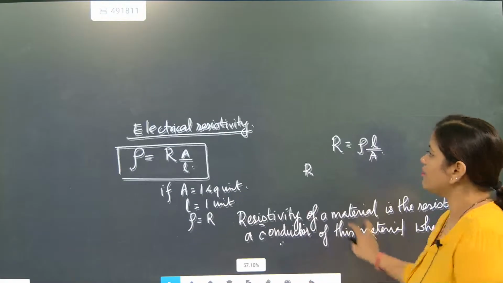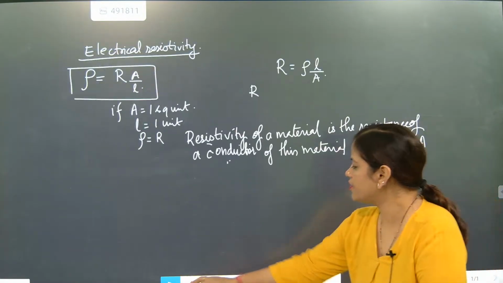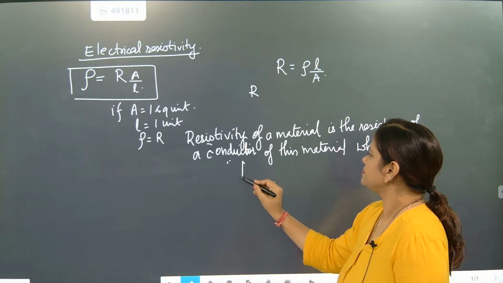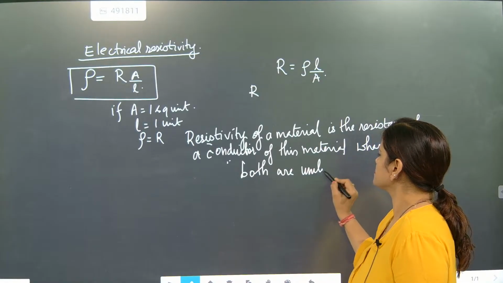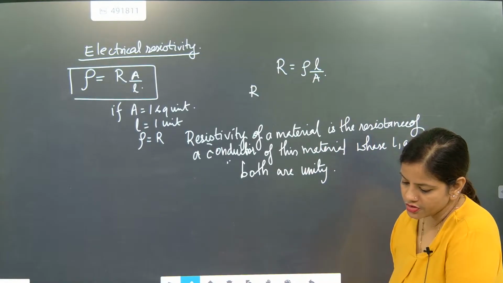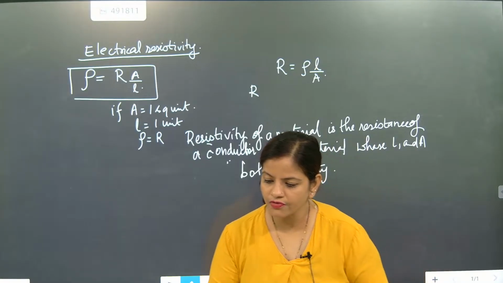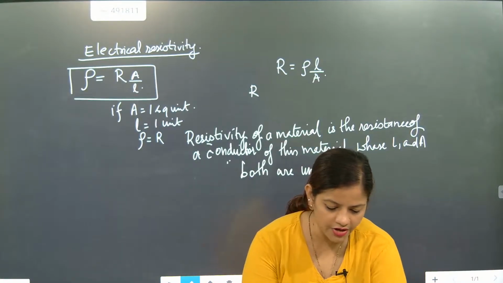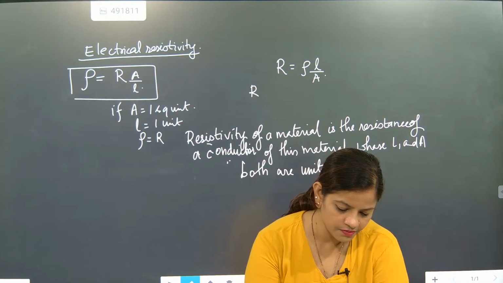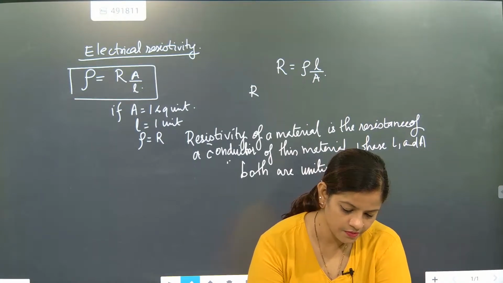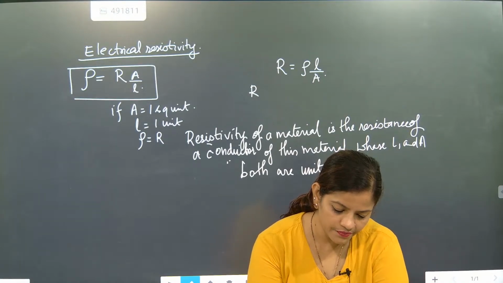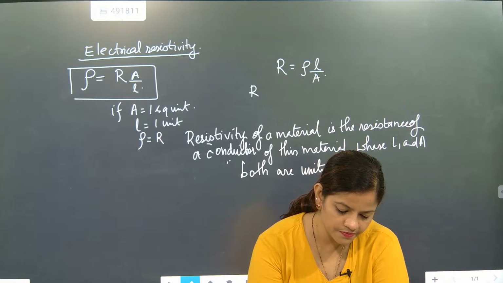Length and area of cross section, both are unity. Check this one out.